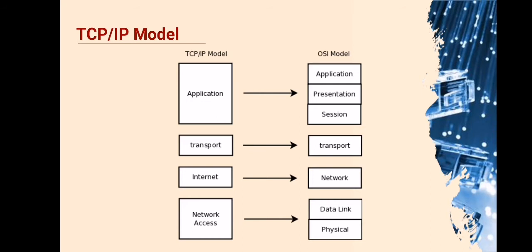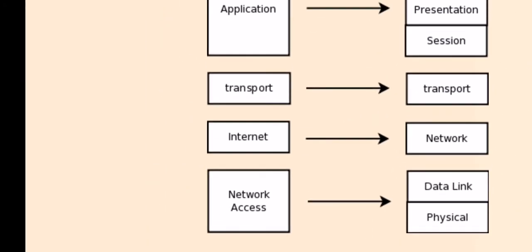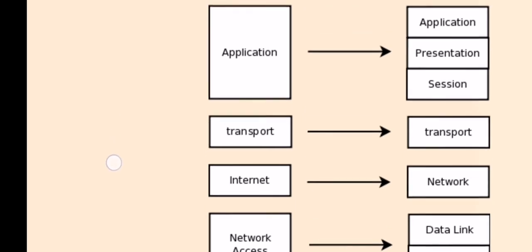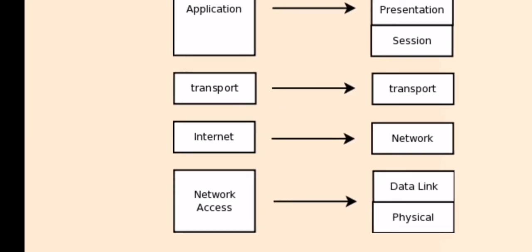Now, let us discuss these layers one by one. The TCP/IP model layers. We'll start from the bottom. First we have the network access, or sometimes referred to as the network interface layer or the host to network layer.